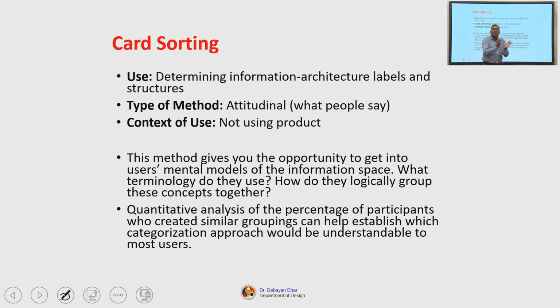Here we are talking about patterns. We are talking about percentage, patterns, and therefore the quantitative aspect is coming into play. The percentage of users identifying similar groupings can help us establish which categorization approach would be understandable to most of the users.